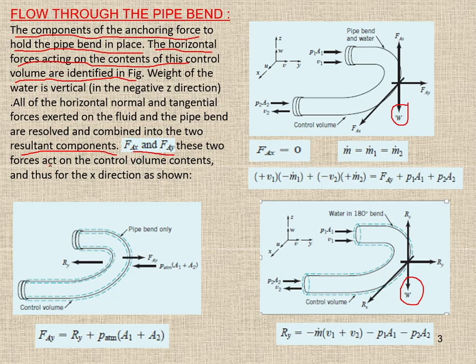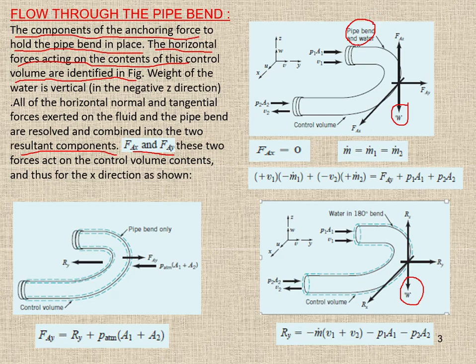These two forces act on the control volume contents, and thus for the x direction as shown. Here in the first case I will quickly review, and then I will go back to the practice problem so the concept will be clearer.